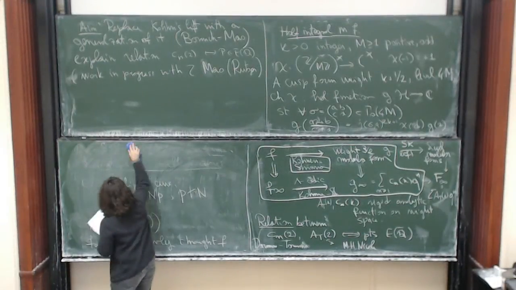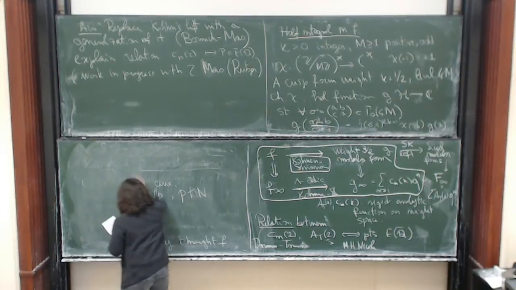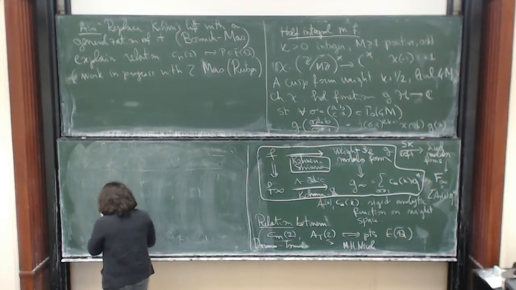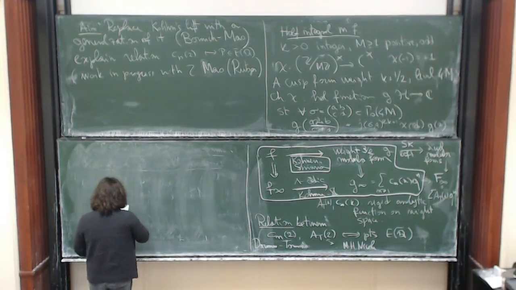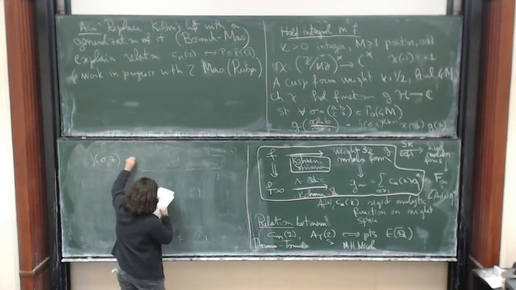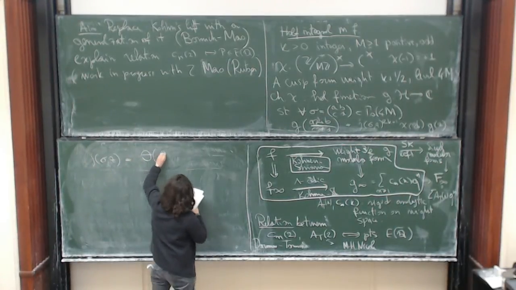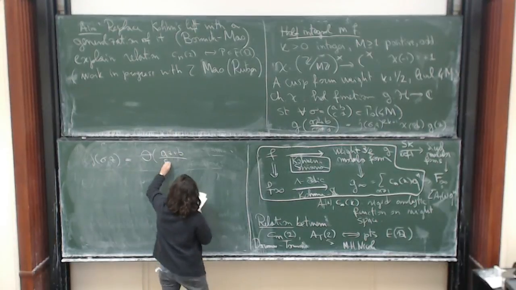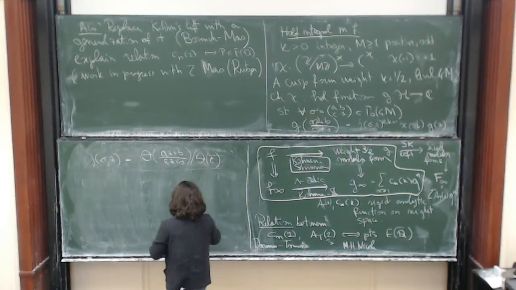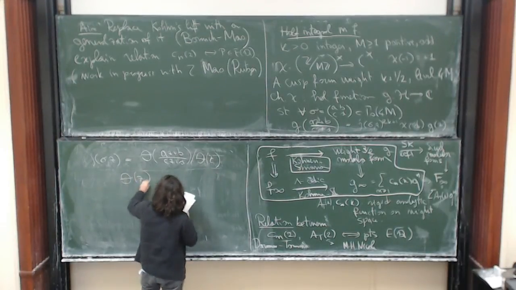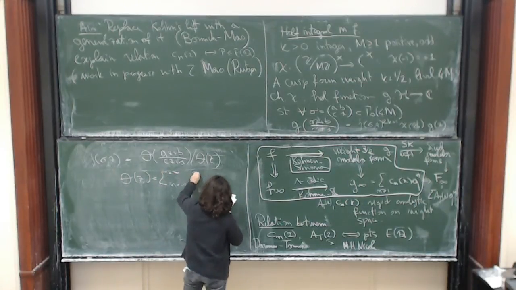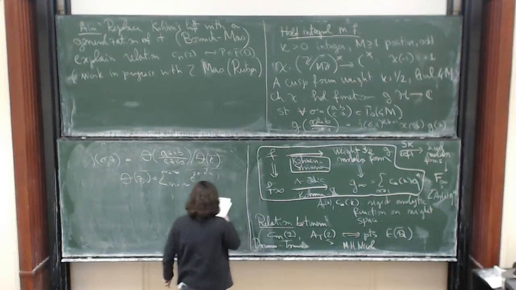So the automorphic factor is theta of (az+b)/(cz+d) over theta of z, where theta is the theta function, the sum of e to the pi i n squared z.